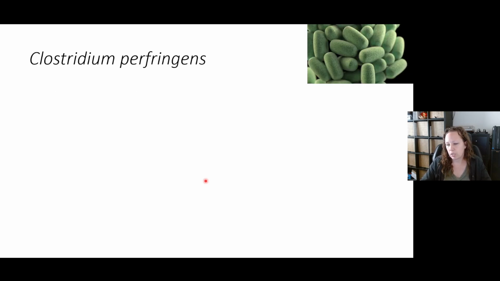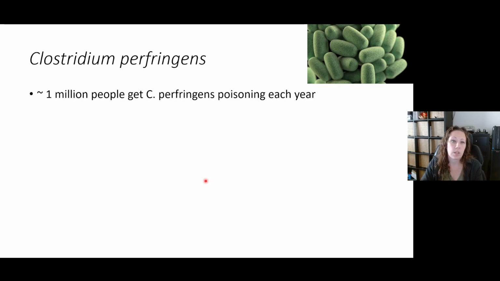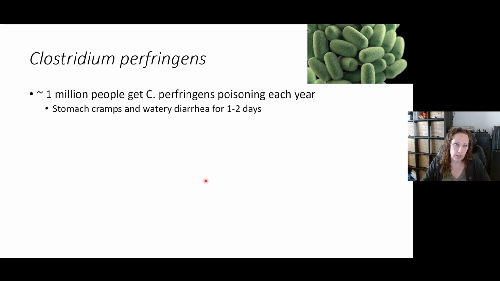Clostridium perfringens. It is one of the most common foodborne illnesses in the United States. Actually, about 1 million people get Clostridium perfringens poisoning each year. The symptoms of this are stomach cramps and watery diarrhea for 1 to 2 days. It's usually not very serious.